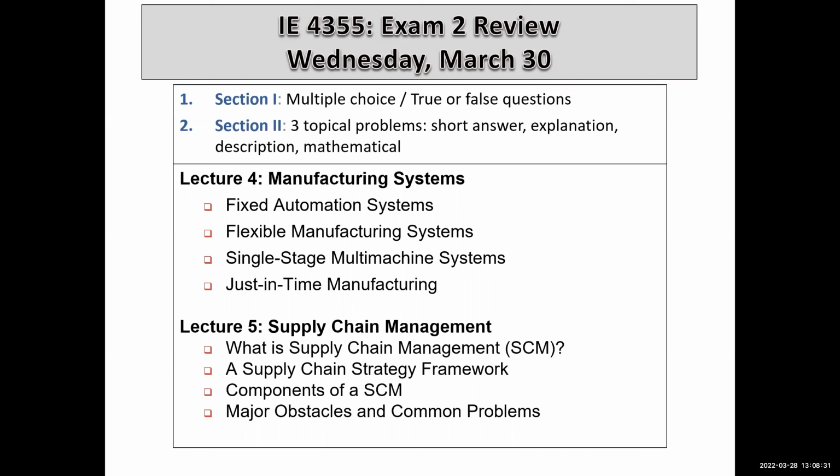So we start with manufacturing systems. This is lecture 4. Here we discuss fixed automation systems, flexible manufacturing systems, single-stage multi-machine systems, and also just-in-time manufacturing. So from this lecture, you need to understand the differences between these manufacturing systems that are listed here, and also understand what just-in-time is.